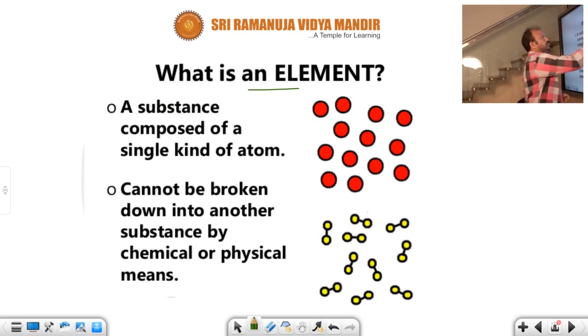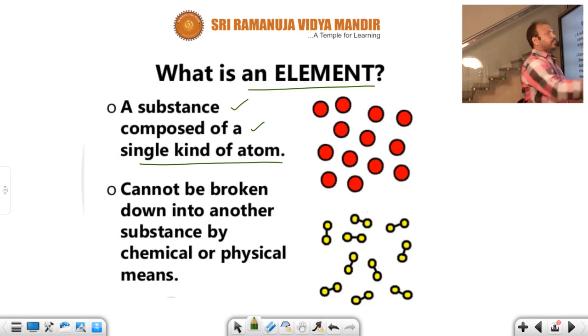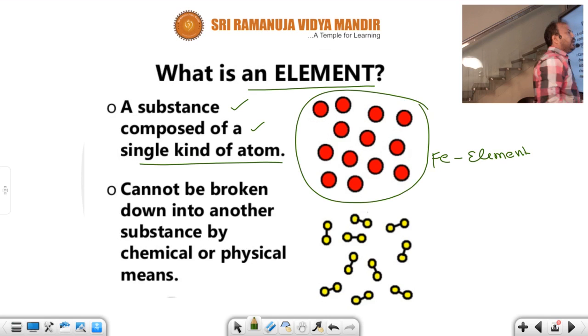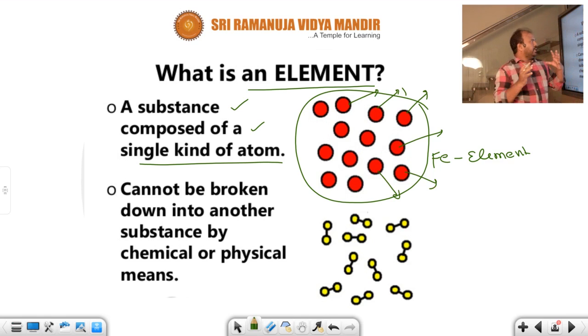What is an element? Pure substances are classified into two types, elements and compounds. An element is a substance composed of a single kind of atoms. For example, this is iron: all are iron atoms, so the substance iron is composed of only iron atoms.